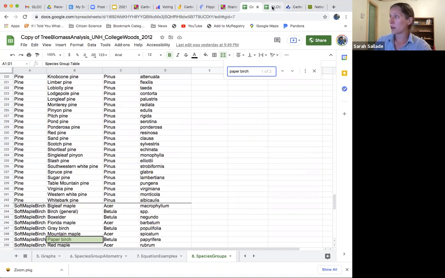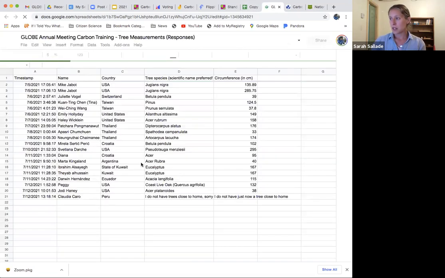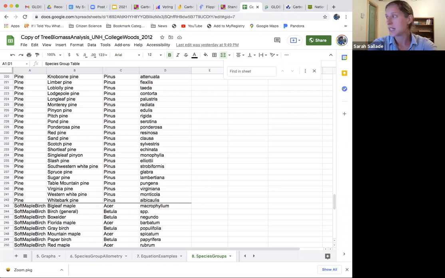Now, I pointed out before, if you're an international participant, you might not be sure because you might not have exactly the same species. But we did ask you to collect some of that data. So I'm just going to give you an example here. From Argentina, we have an Acer rubra. So I can go back to my original thing, enter Acer.